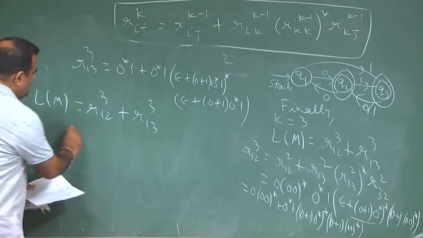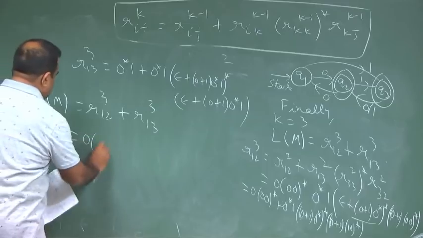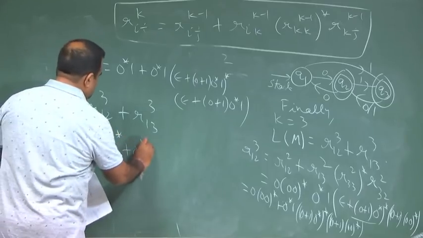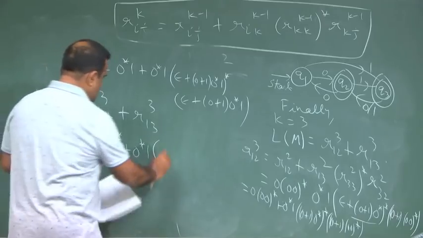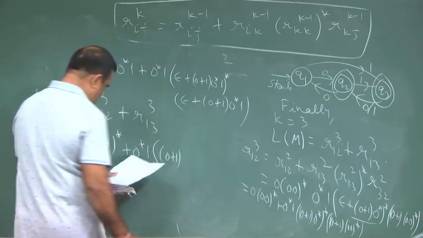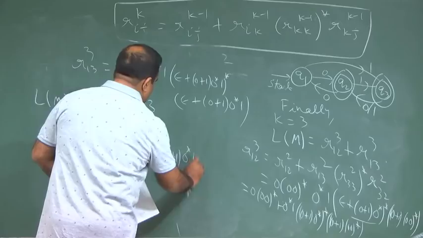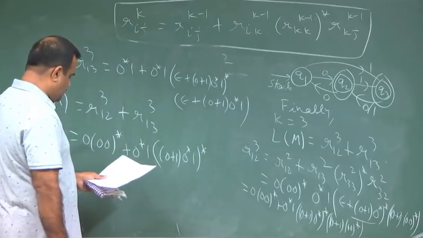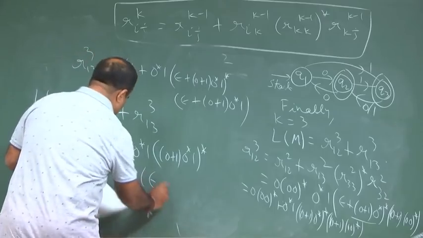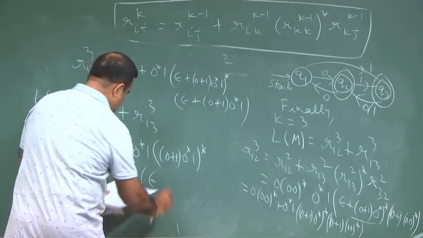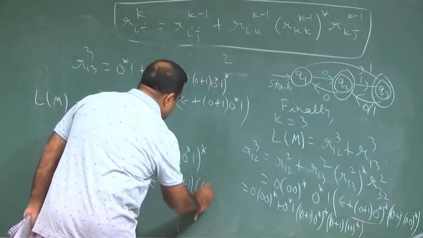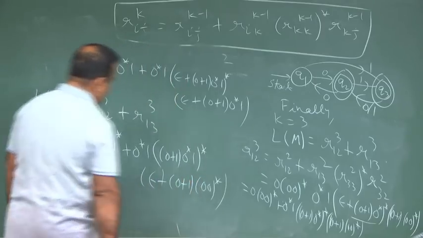If you simplify these two, we will be getting 0 0 star 1 0 plus 1, then 0 star 1 star, into epsilon plus 0 plus 1, then 0 0 star.